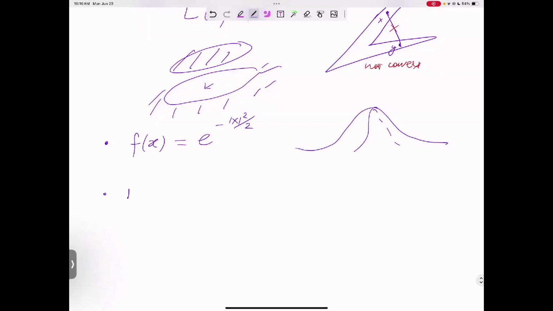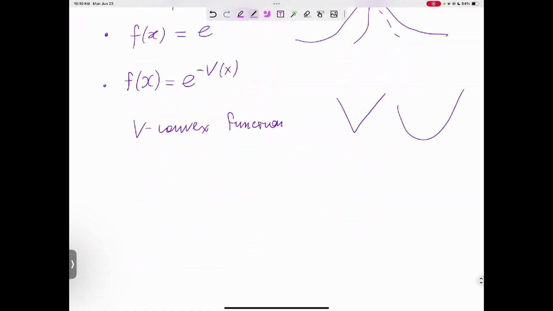And more generally, if I take any convex function v, a convex function is something that looks like this. v of lambda x plus 1 minus lambda y is smaller than or equal to lambda v of x plus 1 minus lambda v of y.